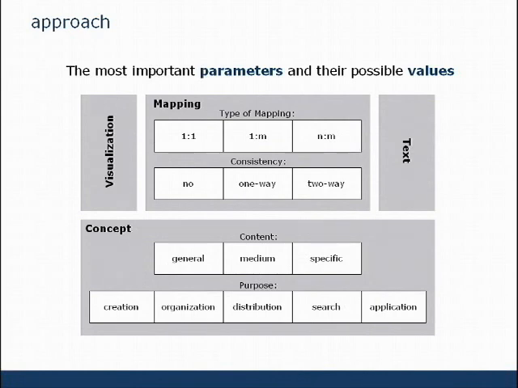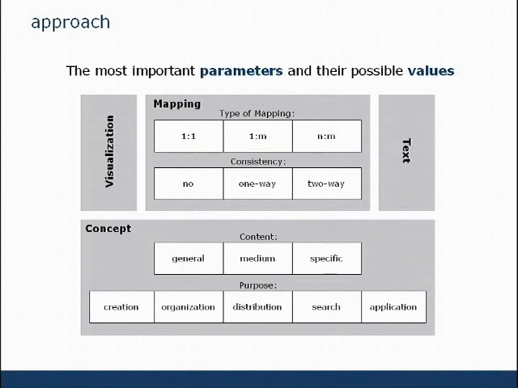Then if you look underneath into the concepts, the most important parameters there are to do with the sort of content that you have. Is this something that's quite general, sort of Wikipedia type stuff, general knowledge type stuff that's related to mass participation, or is it something that's more specific, something that's quite internal to, say, a small business unit and very focused in its representation?